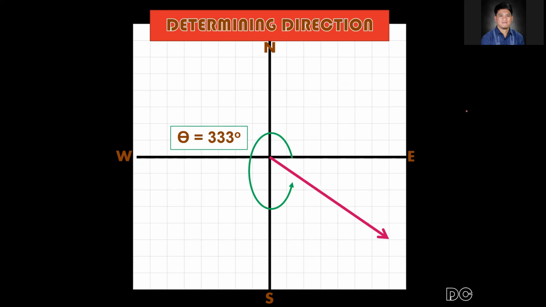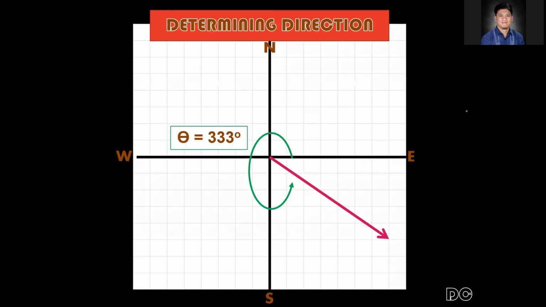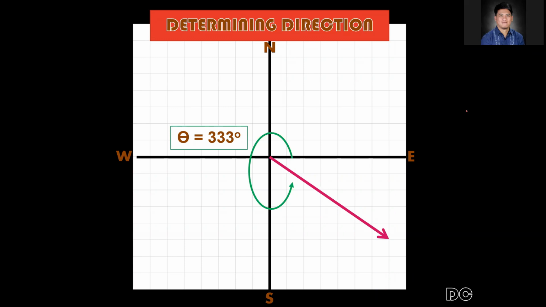So since it is 330 degree, kailangan natin siya i-lessen. So since it passes through the axis of the south, we will subtract the angle that is equivalent to the south, which is 270 degree, and that is equal to 63 degree.